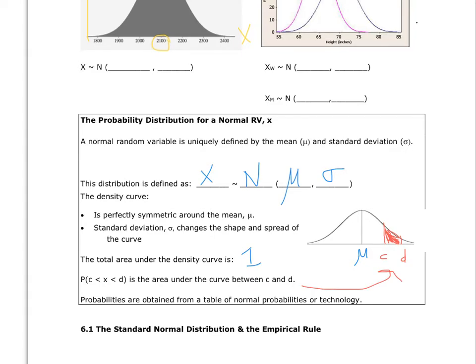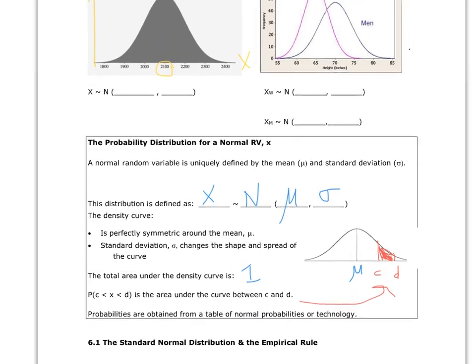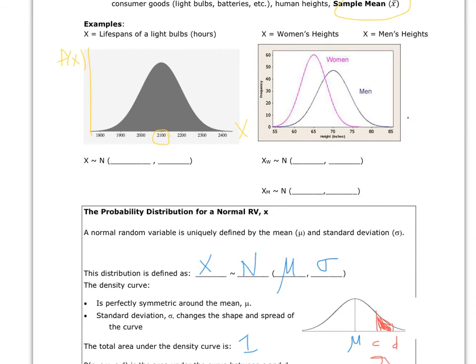Okay, so let's take those characteristics and go back to our examples we have up here. Lifespan of light bulbs. We can uniquely define this random variable by putting in the mean and our estimate of the standard deviation. So it's easy to pick out the mean value. It's that middle value, so we can see that the mean value is 2100.